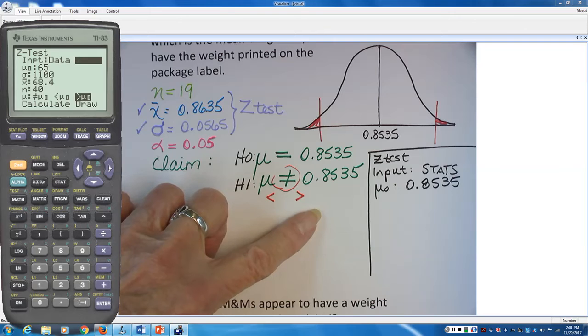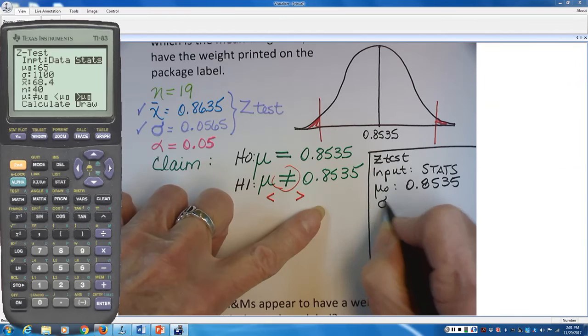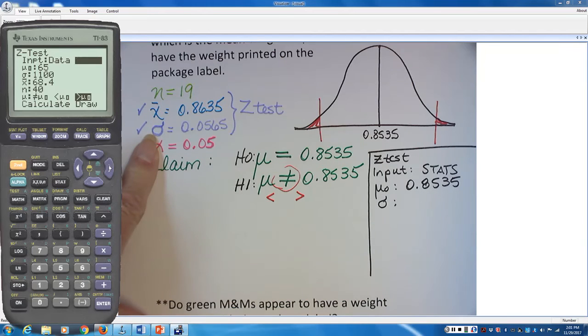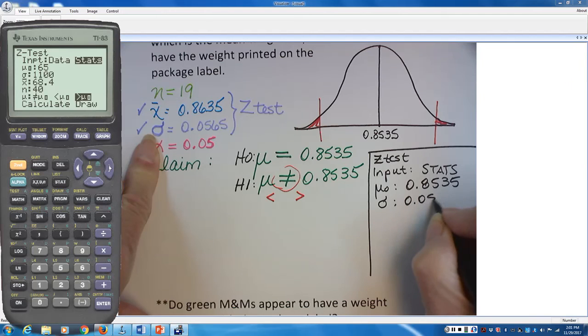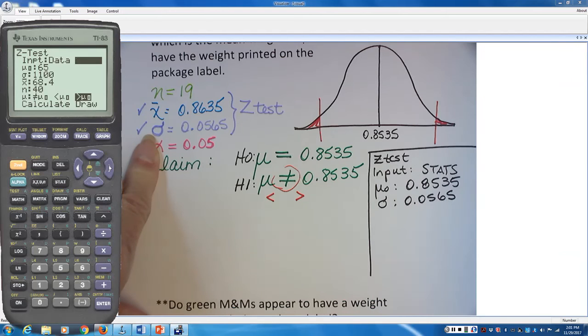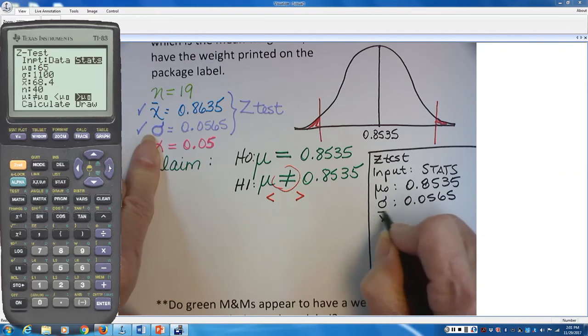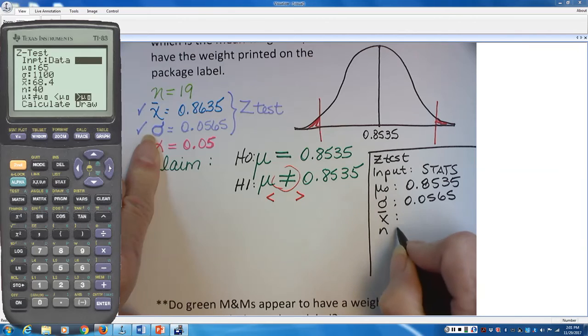Then it asks us for the value of sigma, which we have. And then it asks us for X bar and N, which is about the sample.